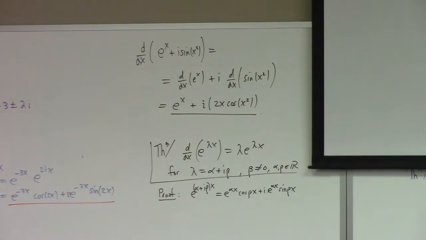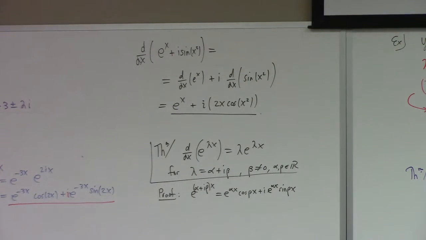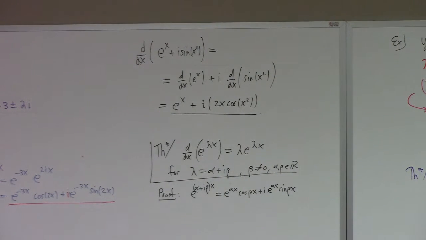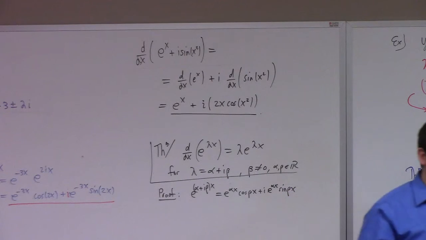I'm going to pay a time penalty for that. Second here. Don't look at this. Don't look at it. Come on. So what I'm about to show you is how do we prove that? How do you prove that the derivative of e to the lambda x is again lambda e to the lambda x when lambda is complex? You got to face the music. You got to just differentiate it. I will eventually show you that.